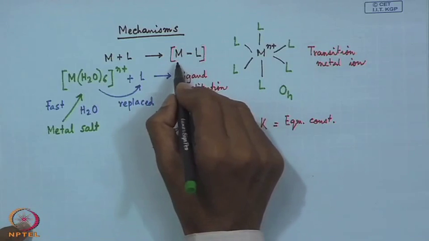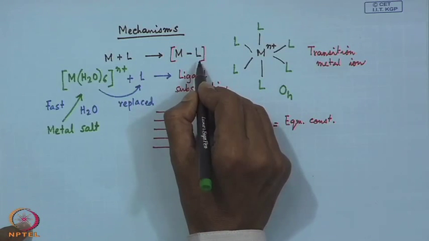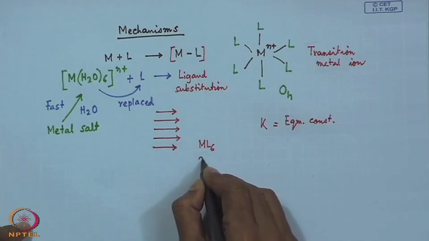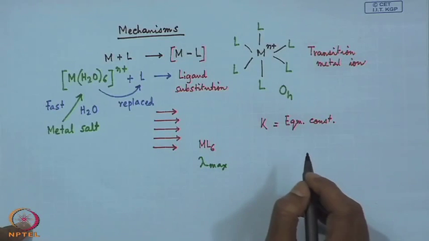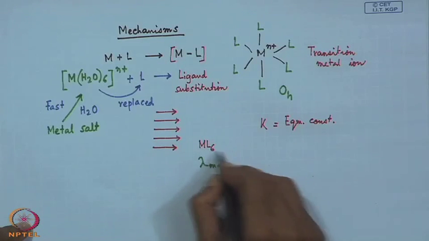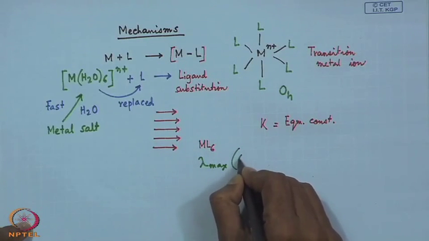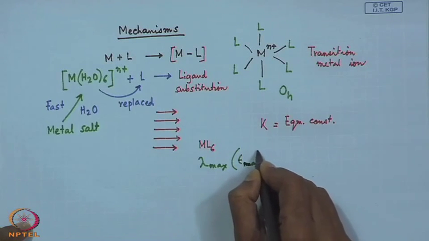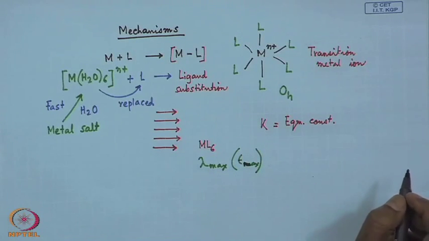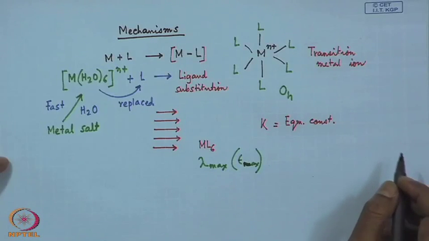So we can monitor the formation of this ML or ML6 compound by looking at the lambda max value and its epsilon max, the molar absorptivity of that compound.